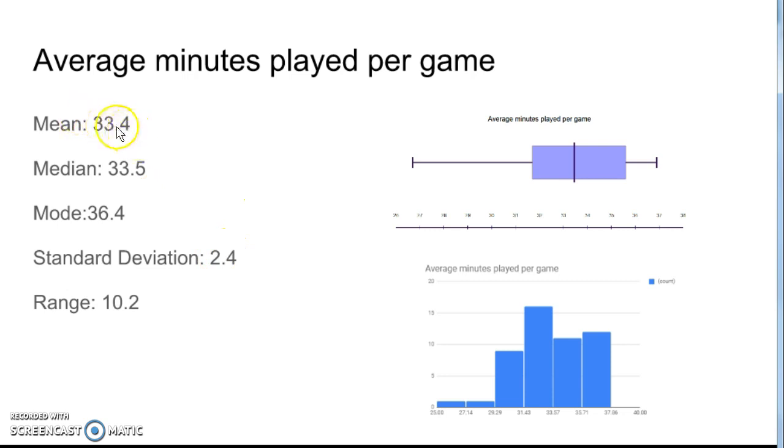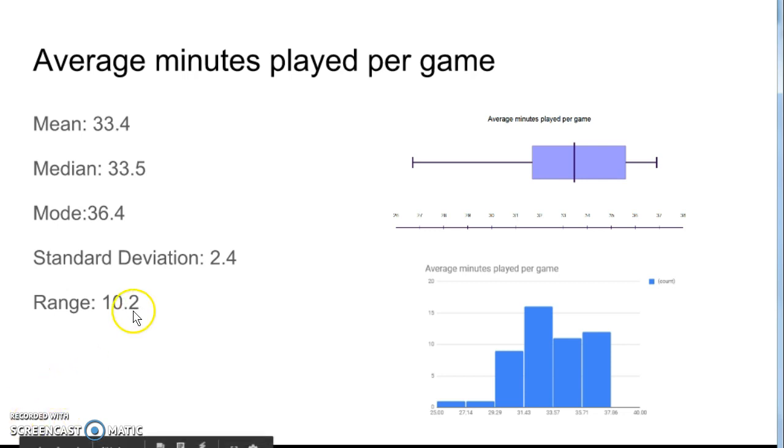If there were two players and one played 2.4 minutes more than the other, you wouldn't say that their times were very far apart because they played very similar overall time. It wasn't a huge difference.